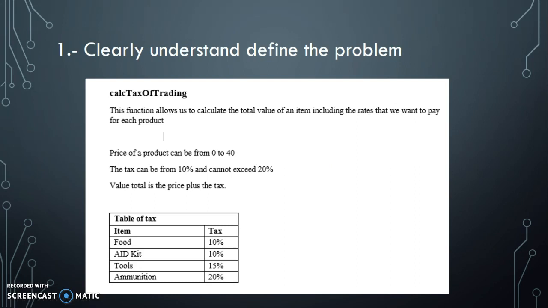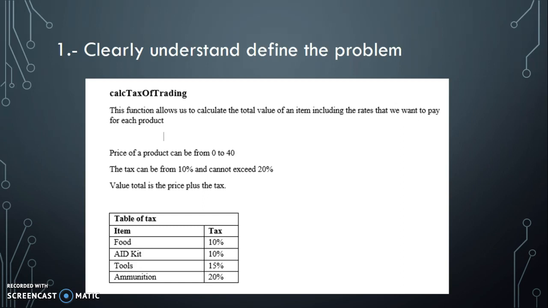We need to be very clear what is the problem for defining the process or the function. Because I tried this example, we calculate the task of the trading in our program.